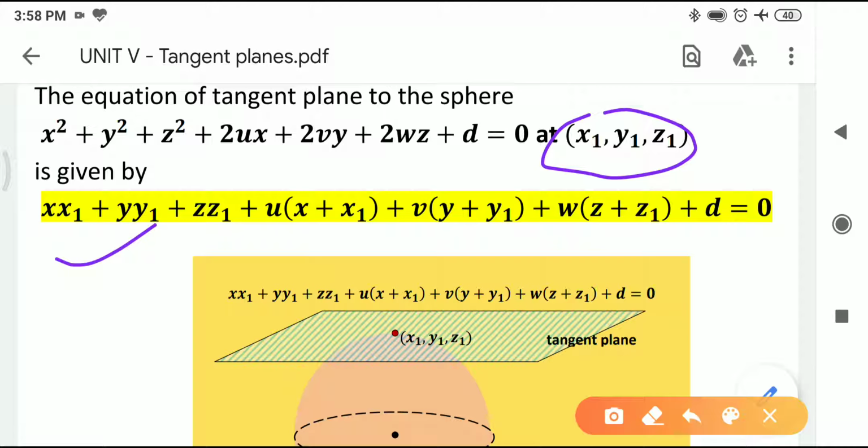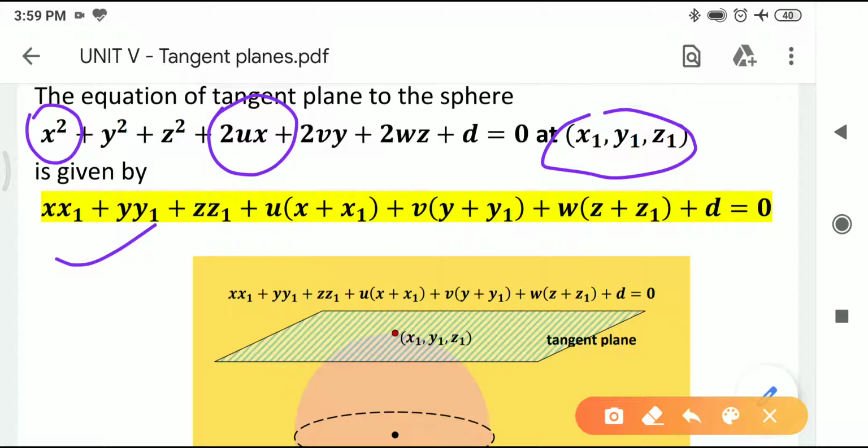Basically, to remember this equation of the tangent plane, if you look at the equation of the sphere, you can write x square as x into x. Similarly, y square as y into y, z square as z into z. And this 2ux you can write as u times (x plus x). Similarly, v times (y plus y), w times (z plus z).